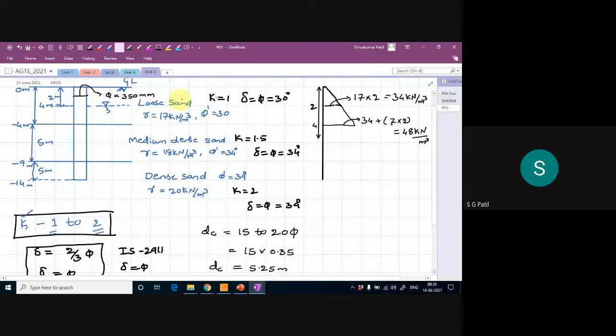So this is my DC. Up to here it will vary. Once we reach the critical depth, then the variation I will take uniform.